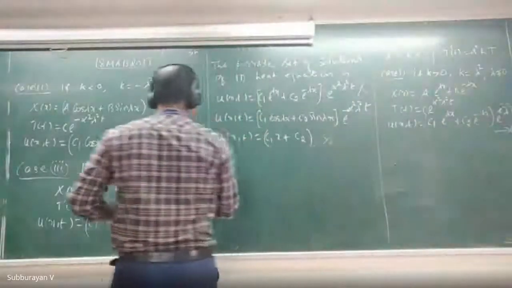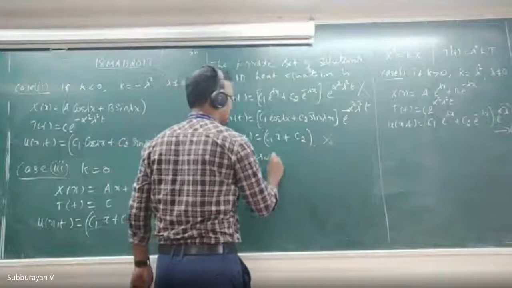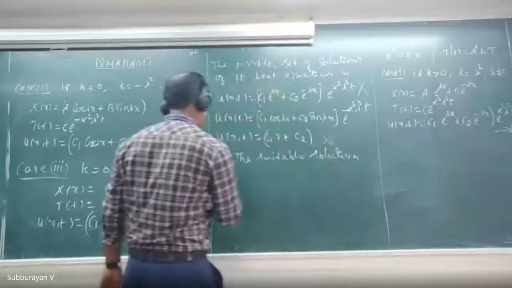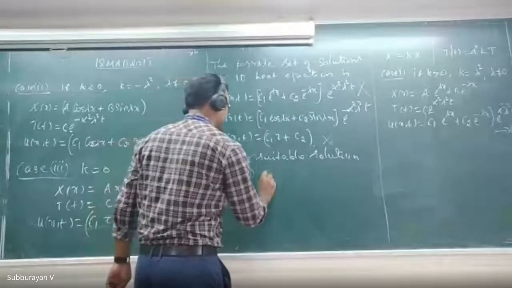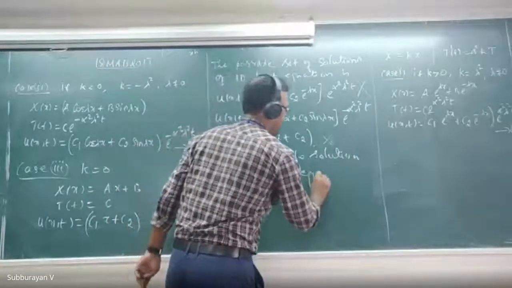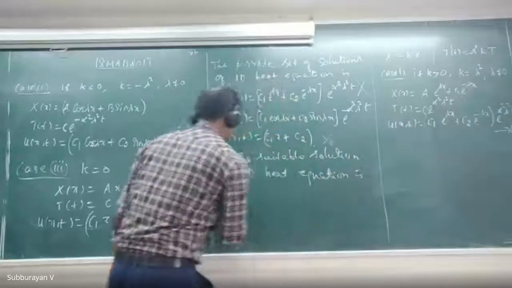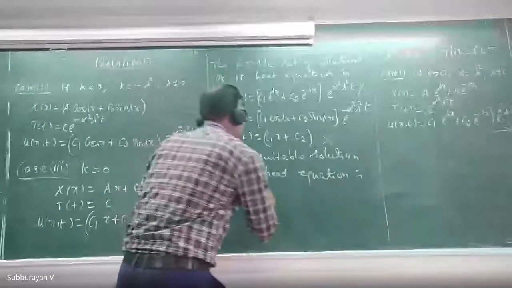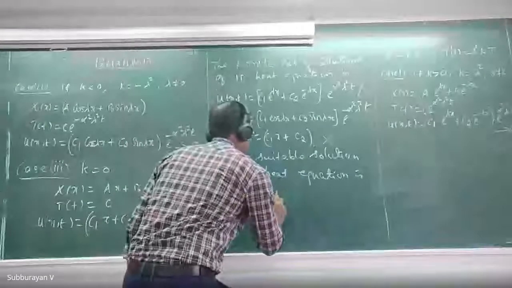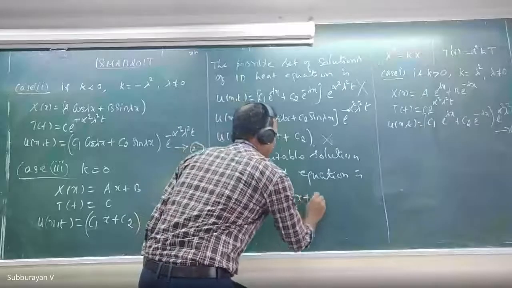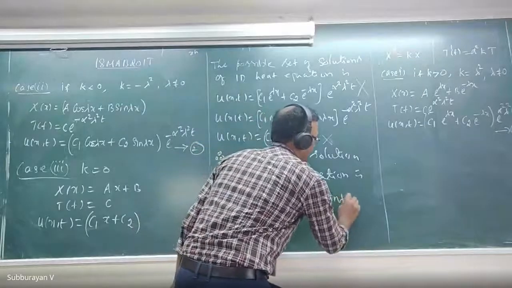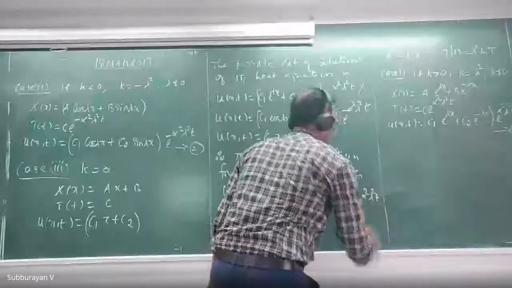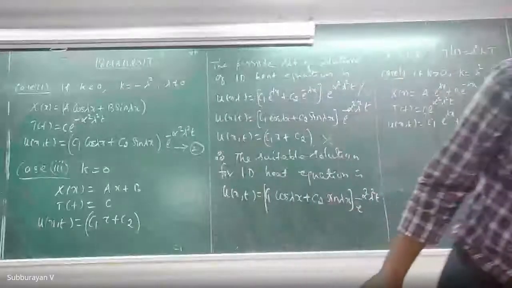Therefore, the suitable solution for the 1D heat equation is u of x comma t equal to (c1 cos lambda x plus c2 sin lambda x) into e to the power minus alpha square lambda square t. Okay, so this is a suitable solution.